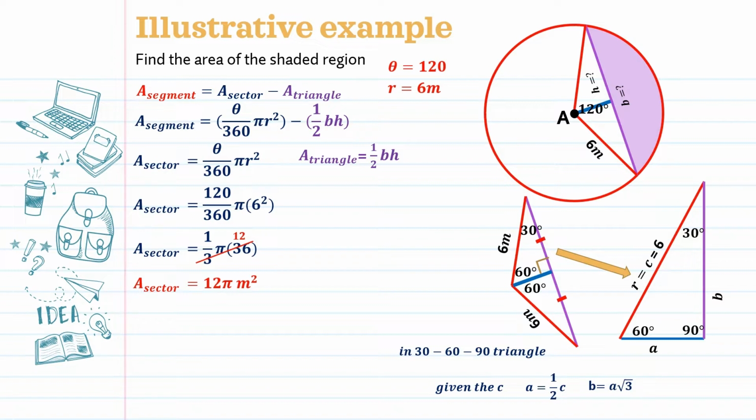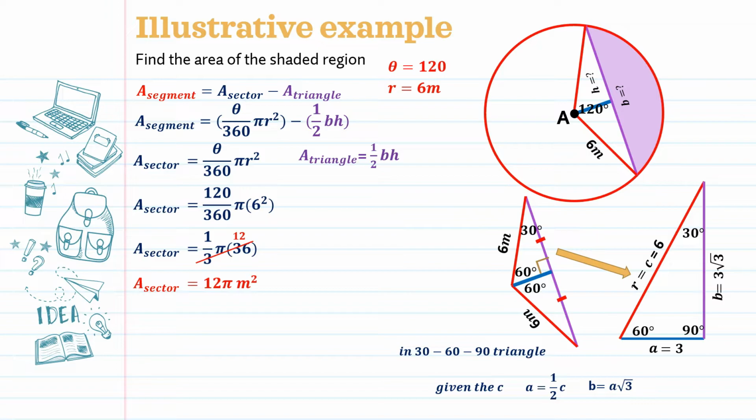So in our figure, since C is equal to 6, 1/2 of that is 3, which is our A. Then since we already have the A, we can easily get the B by replacing A in A square root of 3, and that will give us 3 square root of 3.